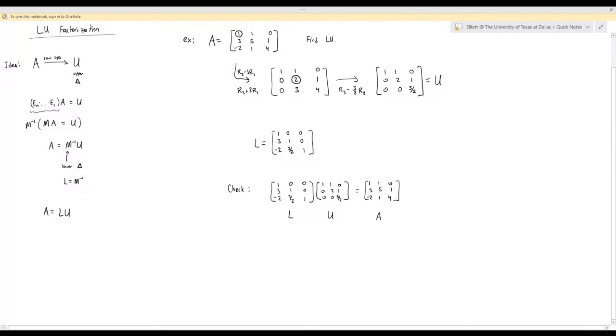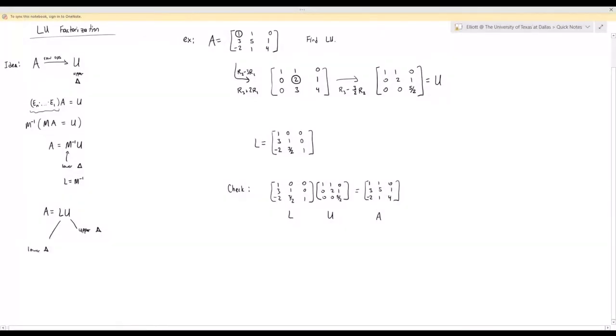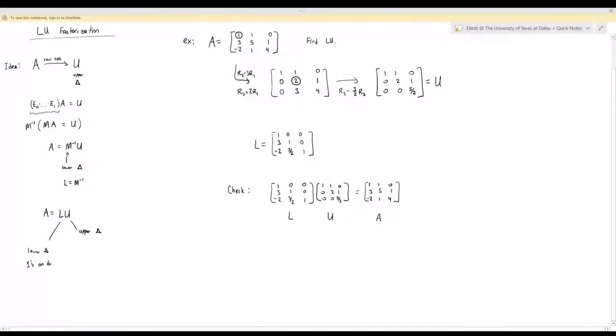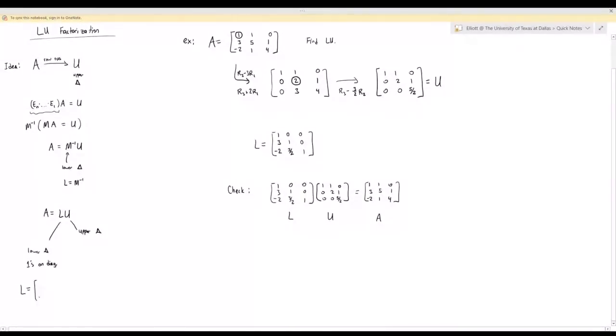So I'll make a couple of notes about the LU factorization. As I noted, U is upper triangular. L is lower triangular. But you'll maybe notice there is an additional special property of L, which is that it has ones on the diagonal specifically. So your matrix L will always look something like this.